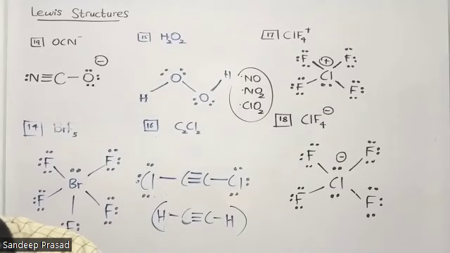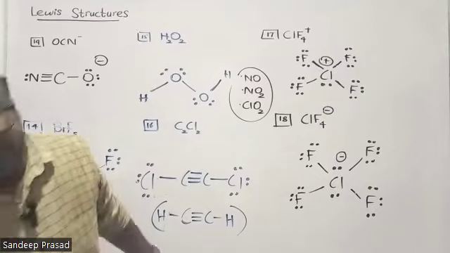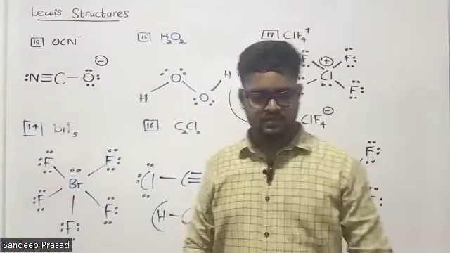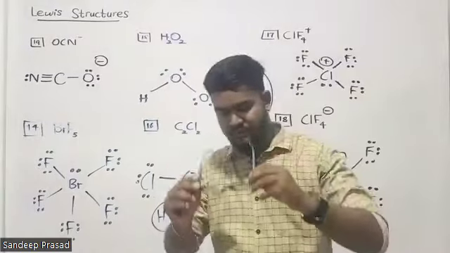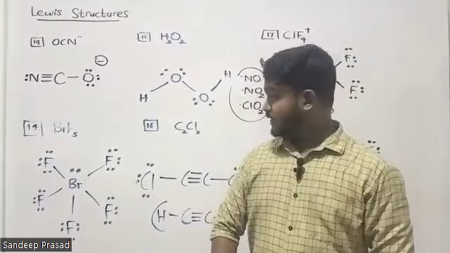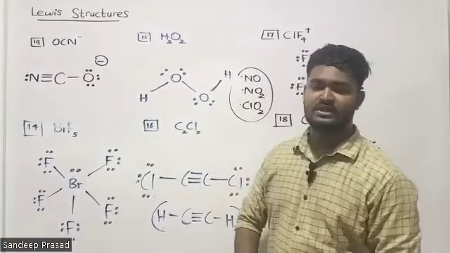Is a molecule usually unstable if it has charges when there is no cancelling of charges? No. Sometimes some molecules actually have charges in order to become stable. Now look at this molecule, OCN minus.